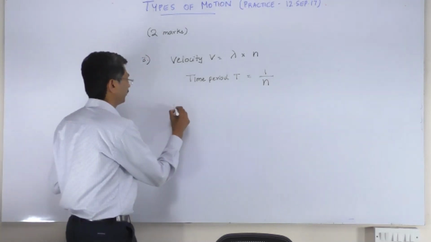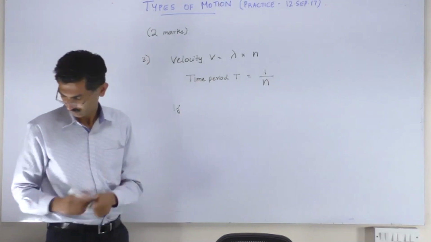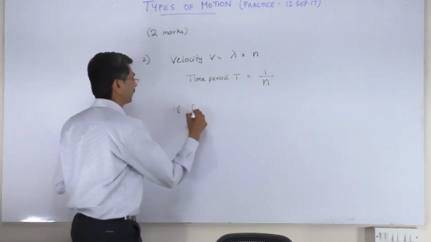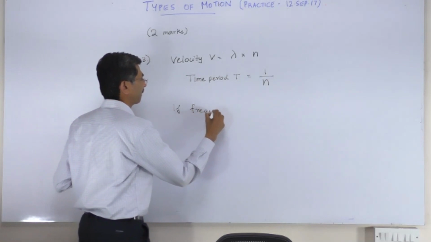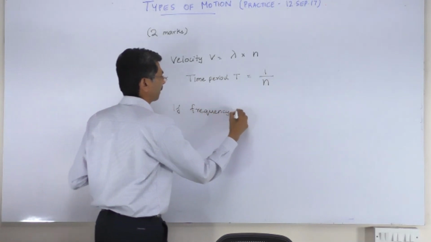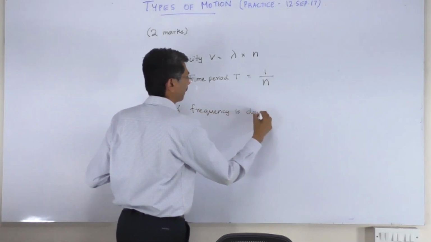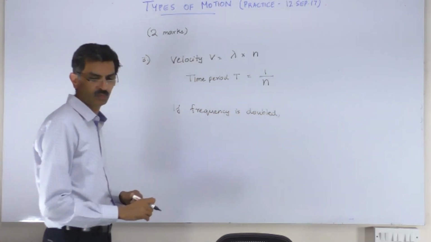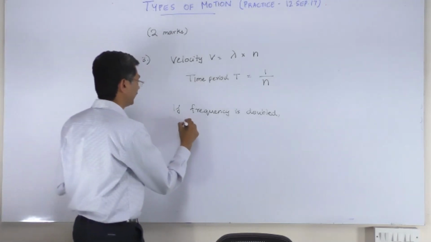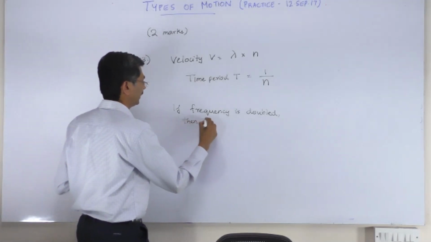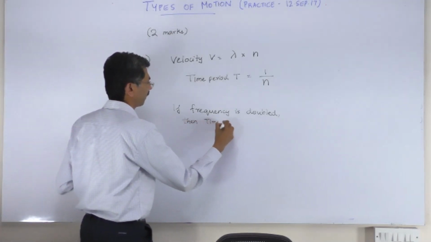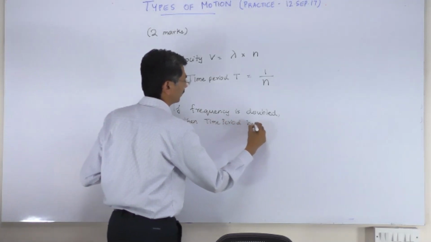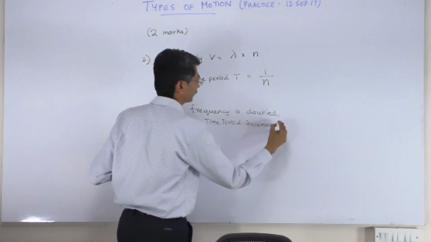So if the frequency is doubled, then time period becomes half.